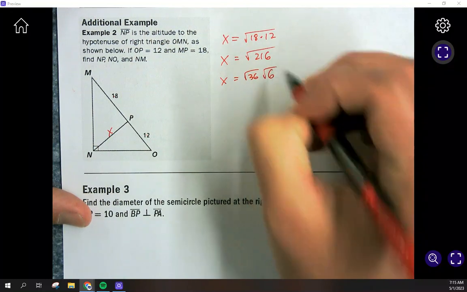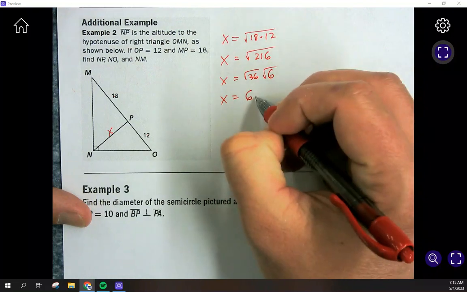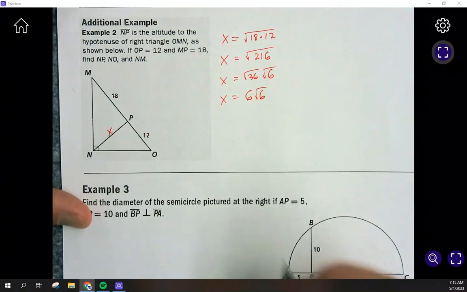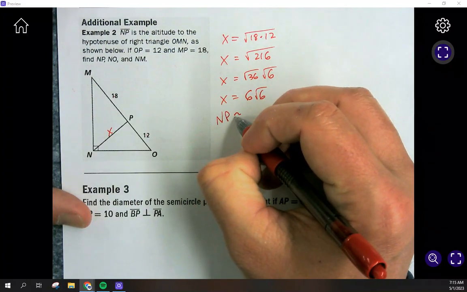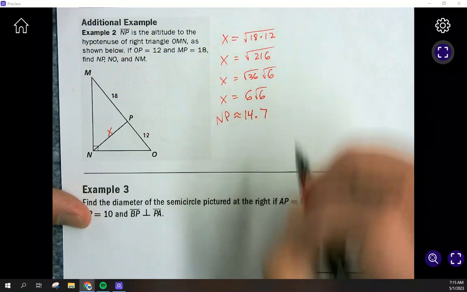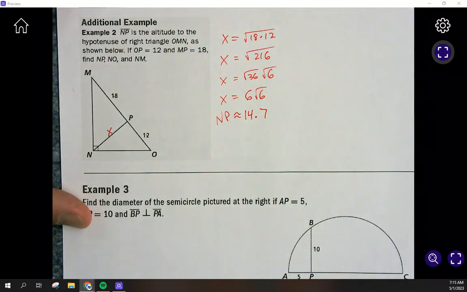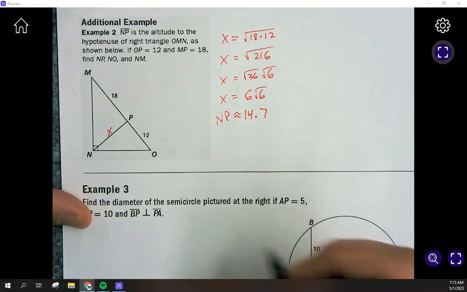36 and 6. The reason is square root of 36 is the whole number 6, and then we still have square root of 6. That's fully simplified. That was NP. And if I rounded that to the nearest decimal, it's going to be 14.7. All right, so that's solving for the altitude. Now let's go ahead and solve for each one of these.